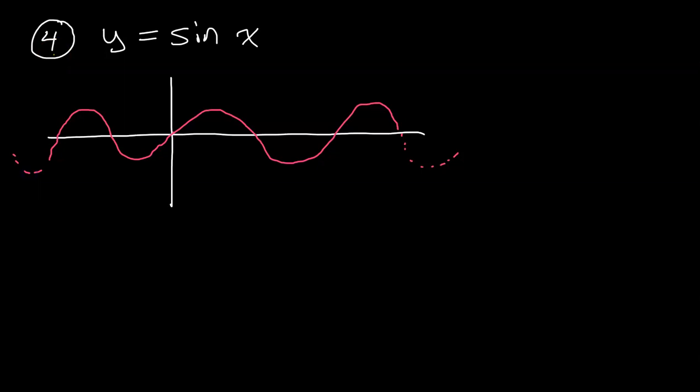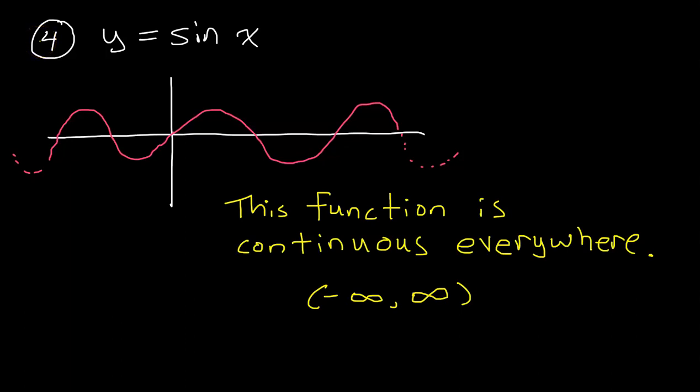So the graph is uninterrupted. There are no values at which the sine of x is undefined. There are no discontinuities. We can say that this function is continuous everywhere from negative infinity to positive infinity.